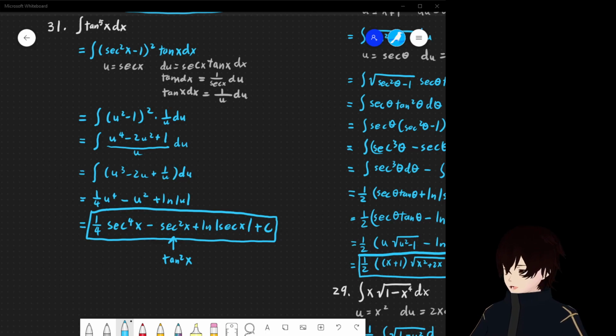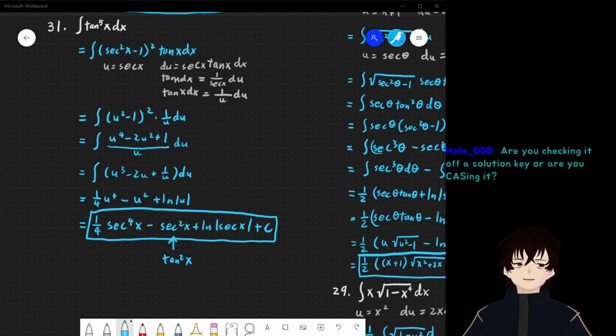I did not write the problem wrong. That's happened a few times before. How does it get tangent? I'm in pain. I've double checked my work twice. I don't know how they got the tangent.